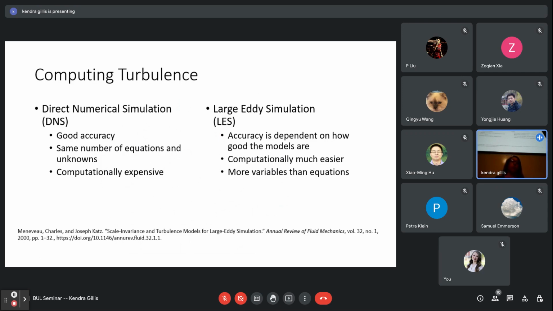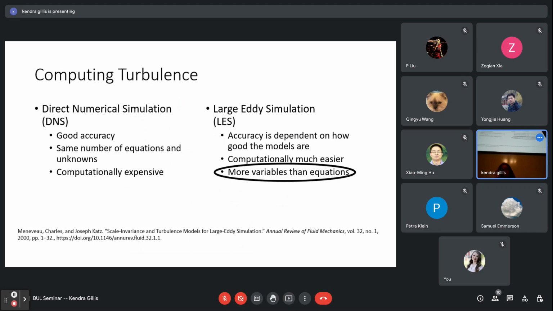Simulations where you simulate all of the eddies are called direct numerical simulation. It has good accuracy, and the equations are closed because there's the same number of equations and unknowns. But it's computationally very expensive because you have to simulate every single eddy. With large eddy simulations, the accuracy can be very good if the models are good, and it's computationally much easier.